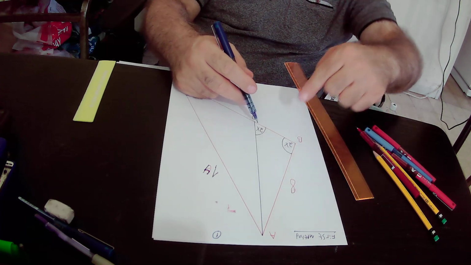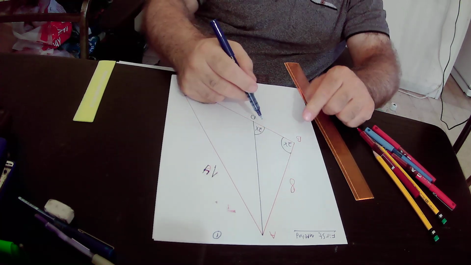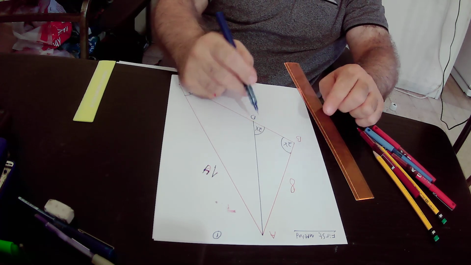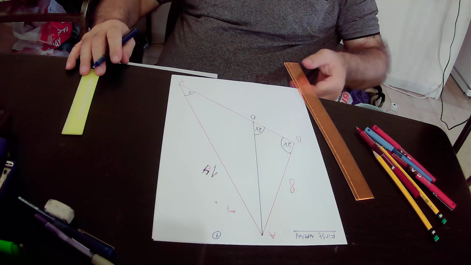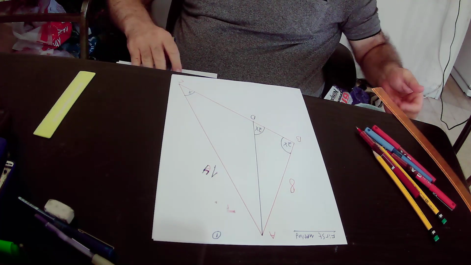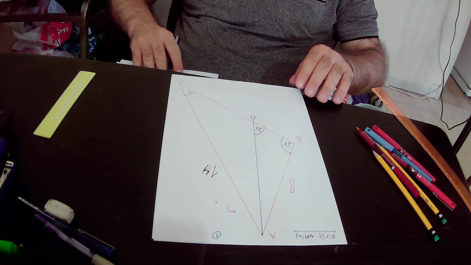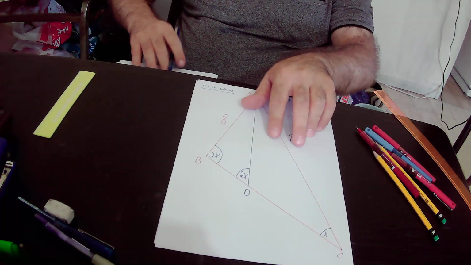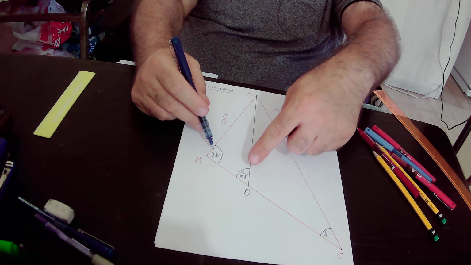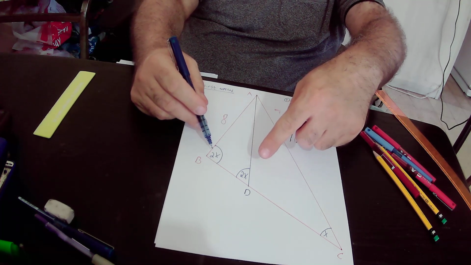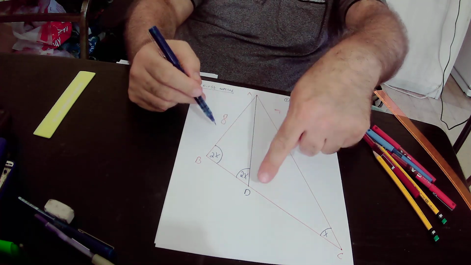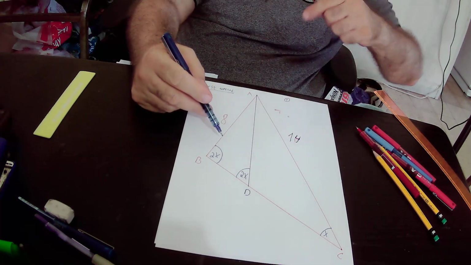Angle ABD equals angle ADB. Both angles are equal to 2x.